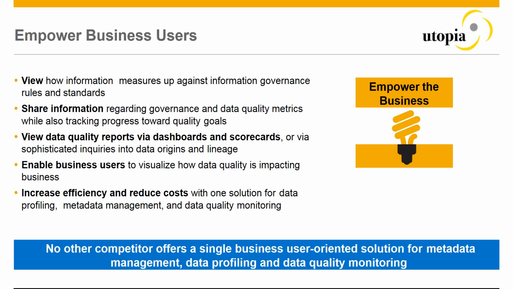So the first piece here is on the business user piece and giving them the tools that they need to be able to be key partners with IT in this endeavor.